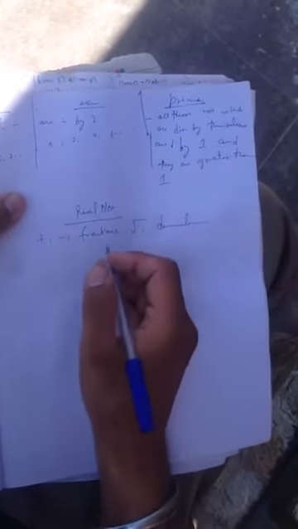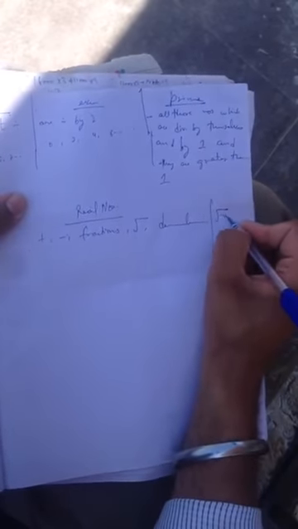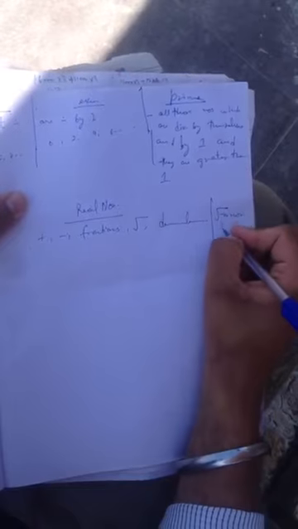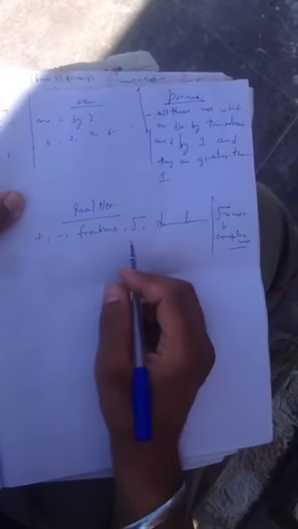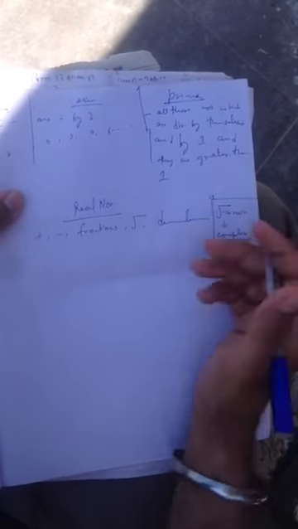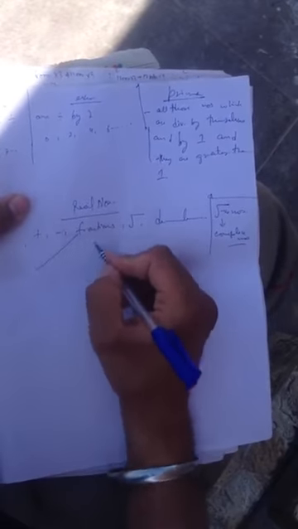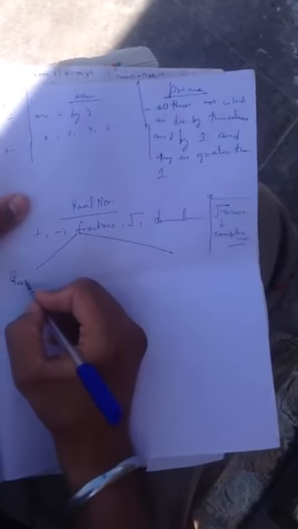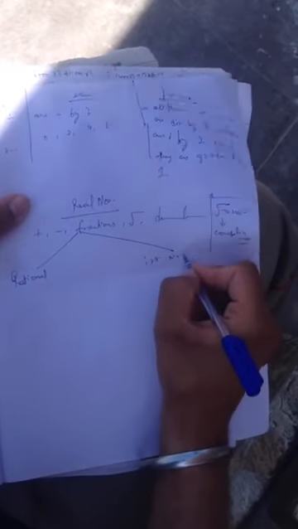What doesn't come under this? Roots of negative numbers, which are basically complex numbers. These don't come under real numbers. They are certain different numbers. So under real numbers we have two separate categories, rational and irrational numbers.